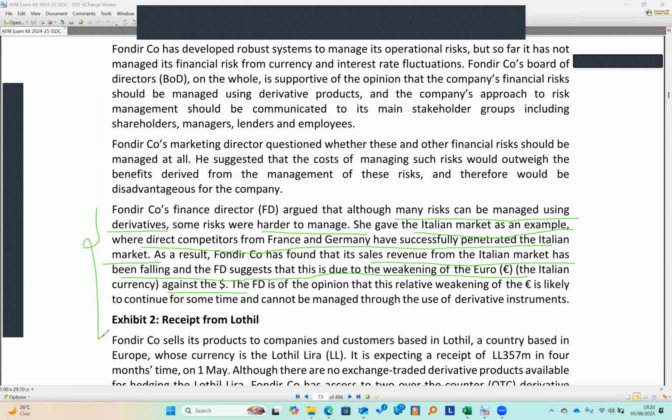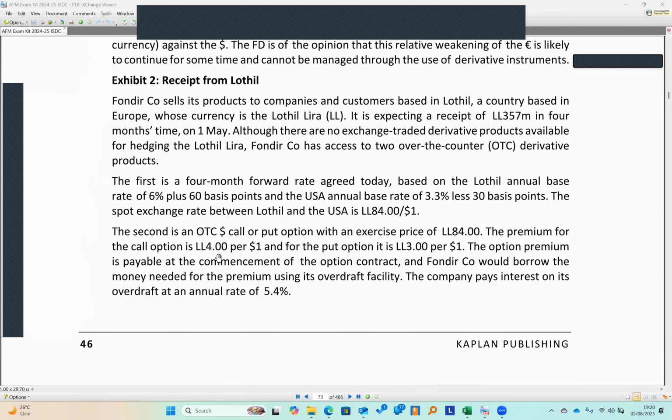Make sure that as you're reading, at least you start to figure out what the question is asking for. The finance director is of the opinion that this relative weakening of the euro is likely to continue for some time and cannot be managed through the use of derivative instruments. So that is something that you need to deal with.